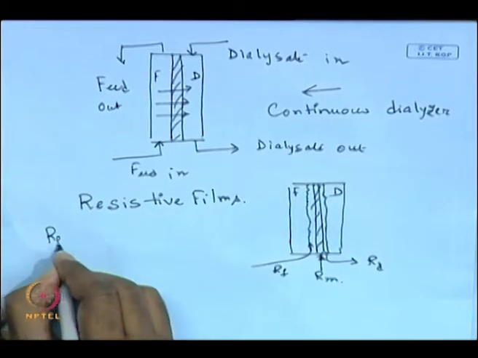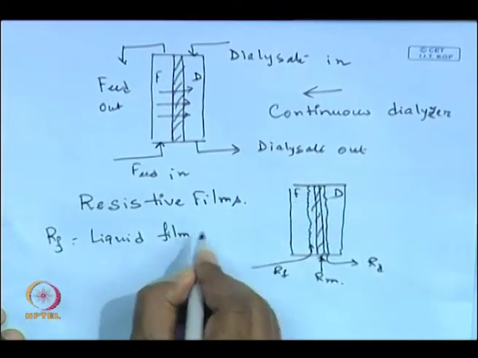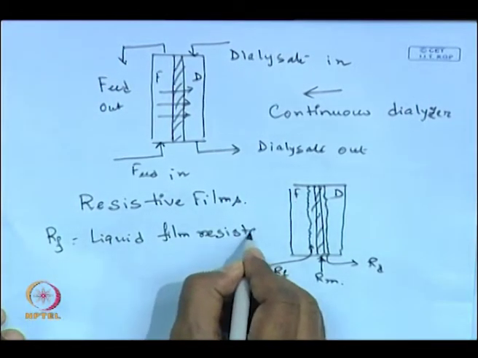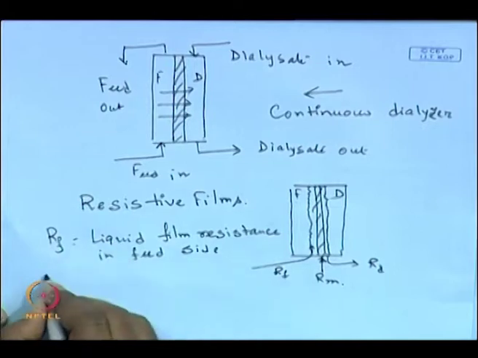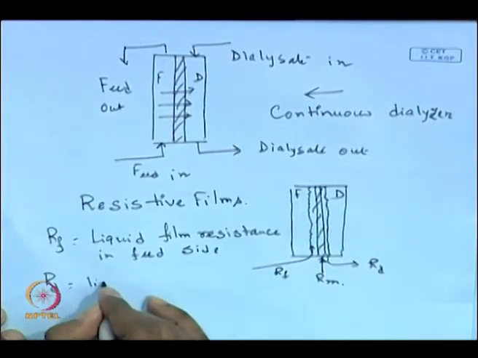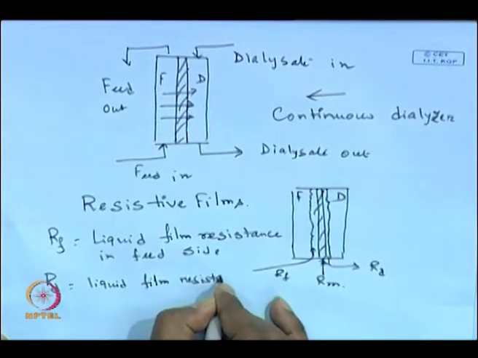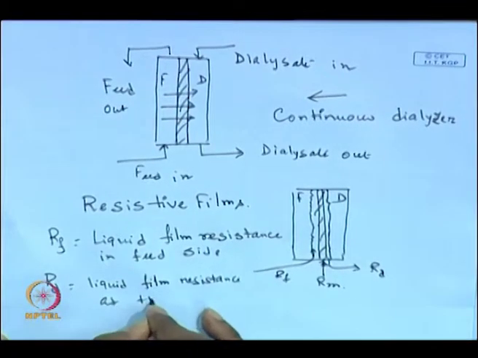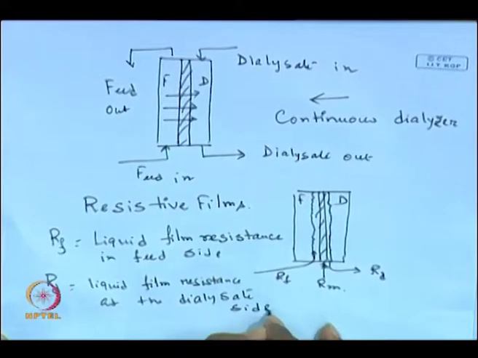RF is nothing but the liquid film resistance in the feed side, and RD is the liquid film resistance at the dialysate side. And RDM is the membrane resistance, the resistance offered by the membrane material against the transport of solute through it.